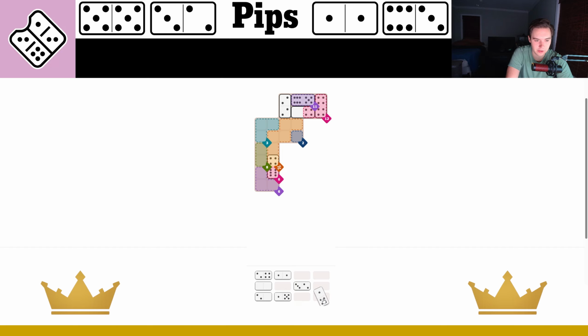It can be the 4s in this case. It'll be 4, 4, which will require this to be the 4, requiring this to be a 2, requiring this to be a 2. There's the 3. That's the only way to get the 3 in.